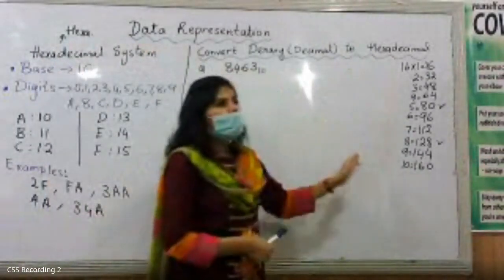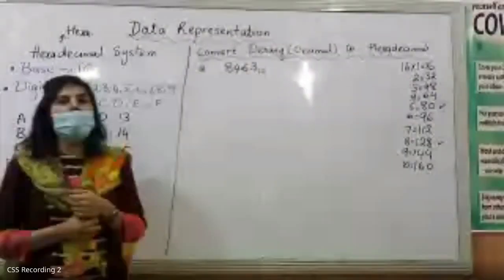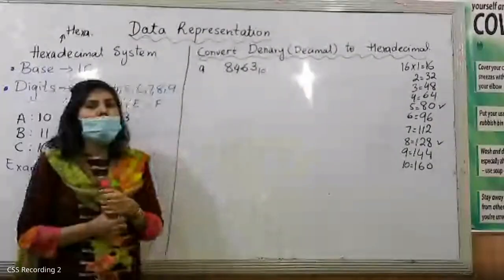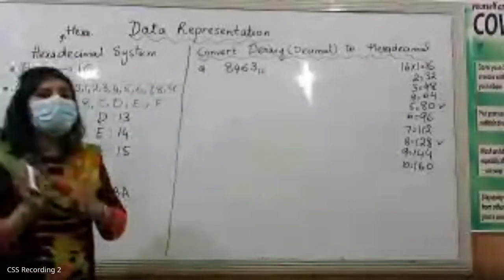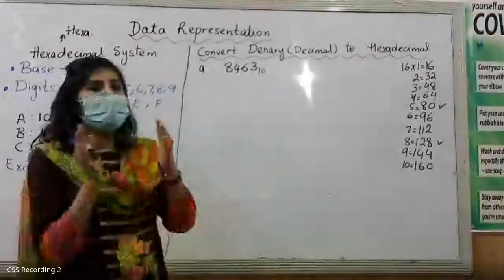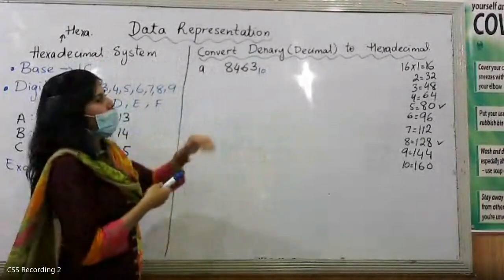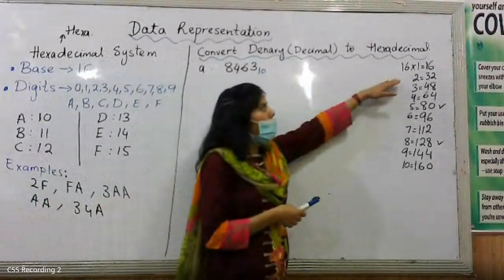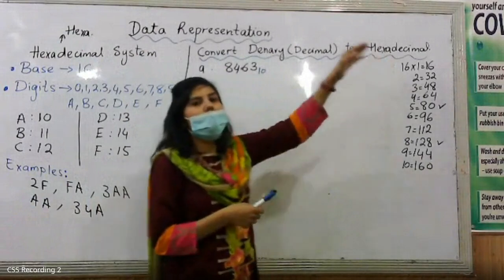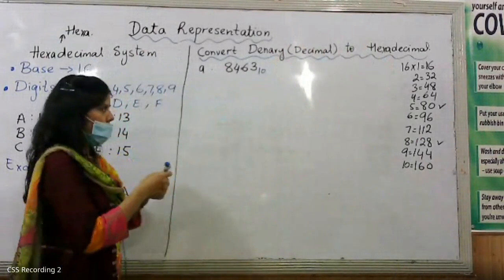You have to use them while converting a denary number to a hexadecimal number. It is the same procedure that you have done in mathematics, where you use the LCM method. But in this method, you always have to use 16 as a base.